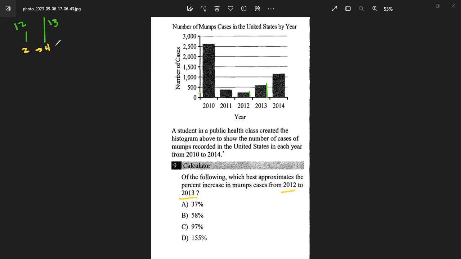Okay, as an example. If it doubles, the increase means 100% increase. So when I say 2 is increased by 100%, the double should be 4.